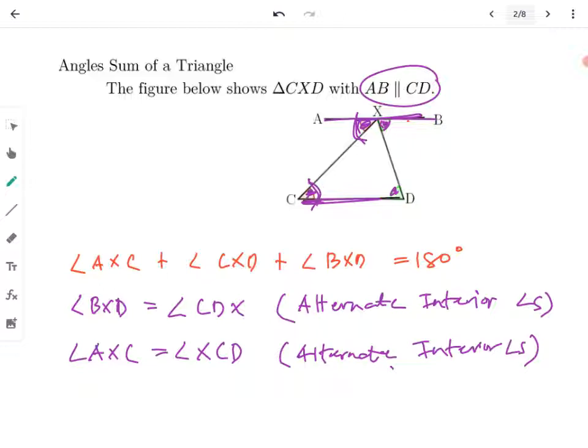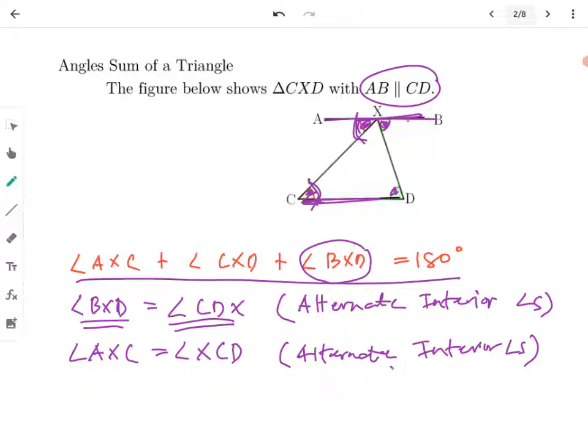Since BXD is equal to CDX, we can replace BXD with angle CDX, or replace CDX instead of BXD, because they are the same.